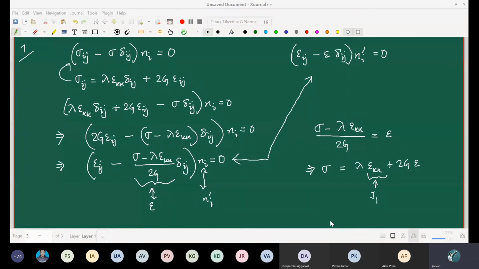So if you are obtaining a form for the eigenvalue statement in this fashion, as I'm hovering my cursor over this statement, and on the other hand, you also have this form, there is only one possibility, that they are the same forms. That's why this double-headed arrow. And because they are the same forms, this ni must correspond to this ni dash, and this scalar term must correspond to this epsilon. That's the logic. Yes, sir.